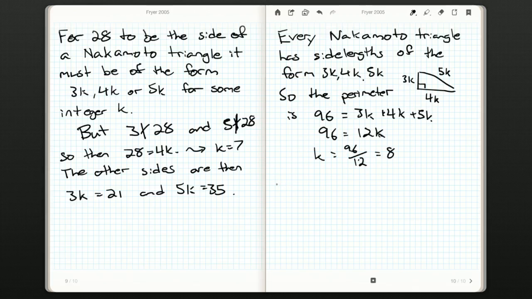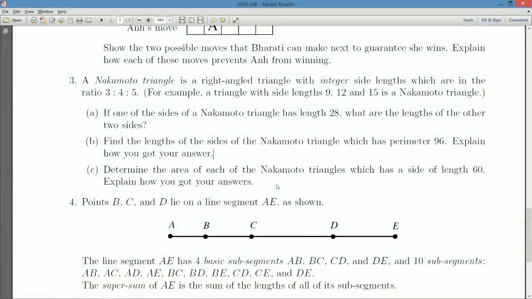And we're asked for all the side lengths, right? Find the lengths of the sides. Okay.